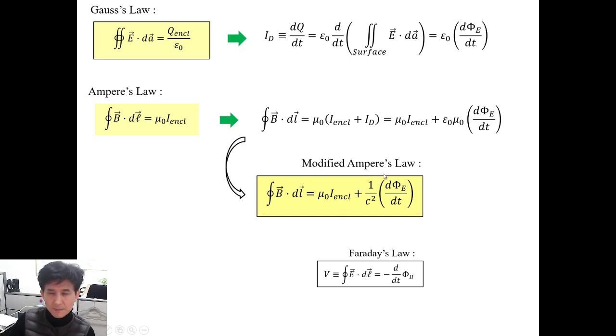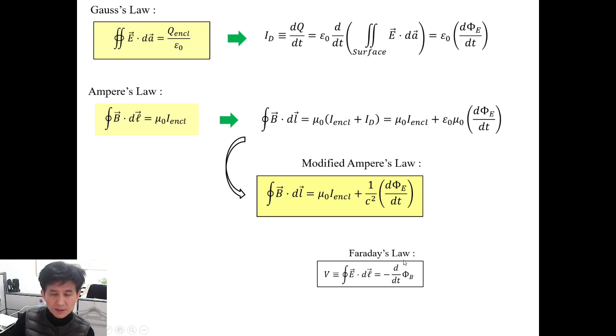plus 1 over c squared times the derivative of the electric field flux through the surface. 1 over c squared is nothing but epsilon zero times mu zero. That's the constant, 1 over the speed of light squared.